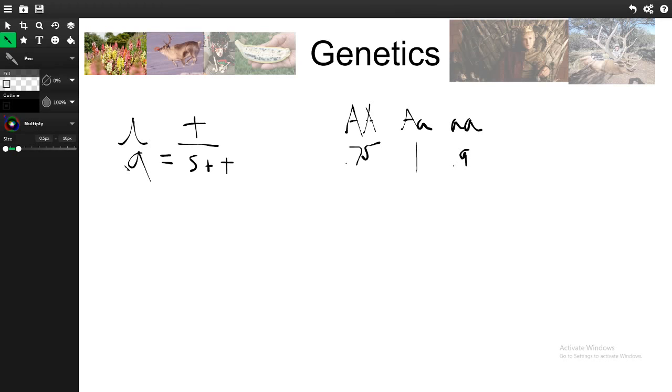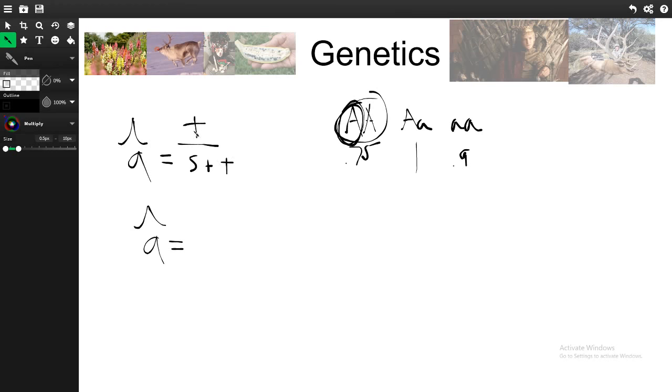So what we want to do is find the long-term equilibrium frequency for the red allele. So what we would do is we would go q hat equals. Now which one do we use as s and which one do we use as t?